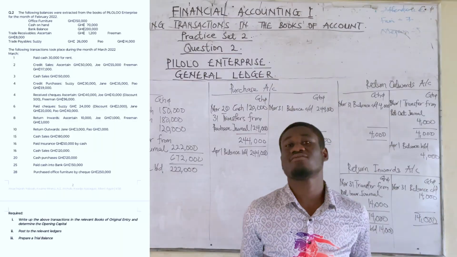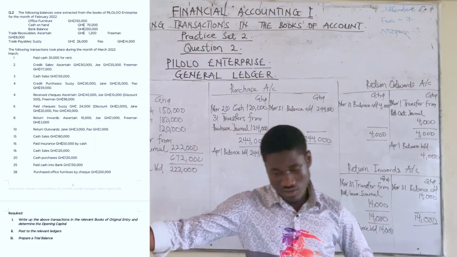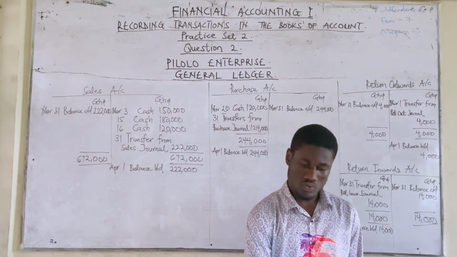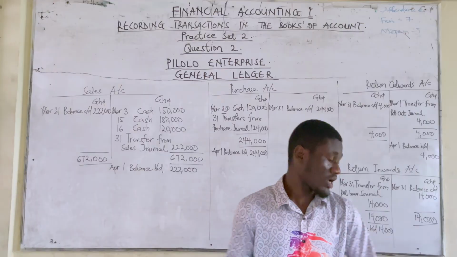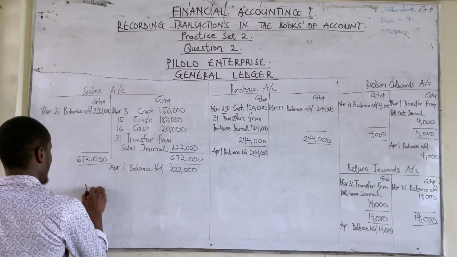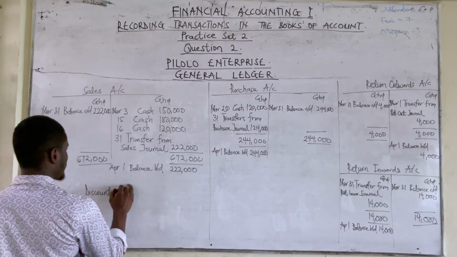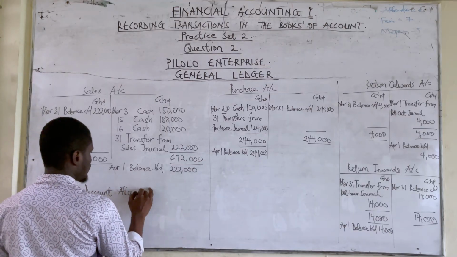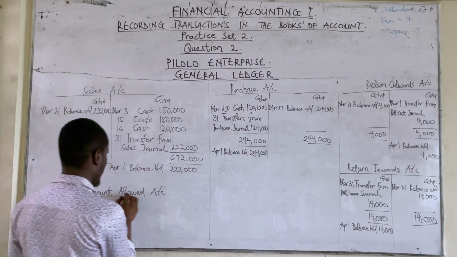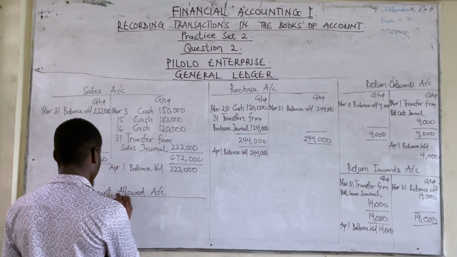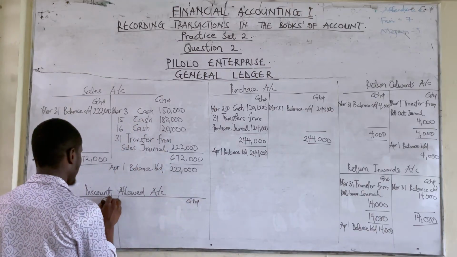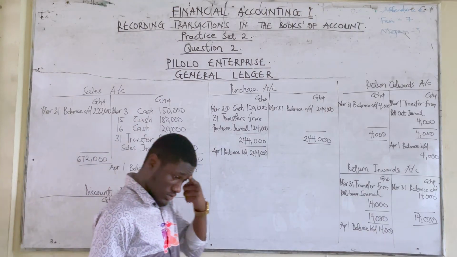Because we are recording every other account that was not involving the subsidiary level. Okay. Good. So now we have to start with the discount allowed and discount received. Okay, so discount allowed account.